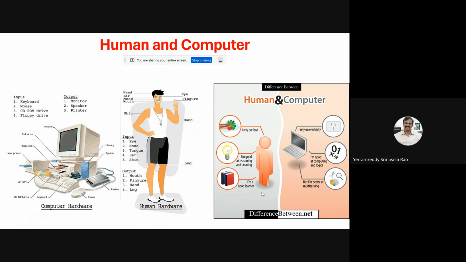Since you want to make a machine with human-like behavior, what does a human have? Some inputs, some outputs. Inputs means you take some outside information to your computational unit. Who is your computational unit?